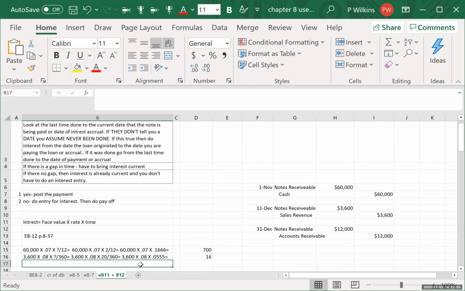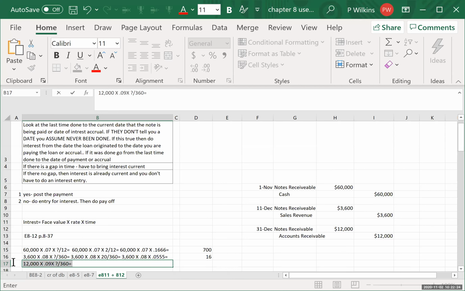The next note is $12,000 face value times an interest rate of 9%, 0.09, times the time. In this one, they tell you it is a 180-day note, so that's something over 360. We don't know what it is yet.